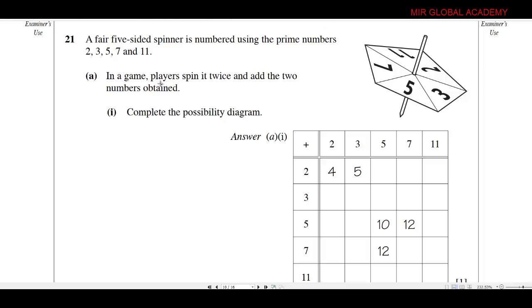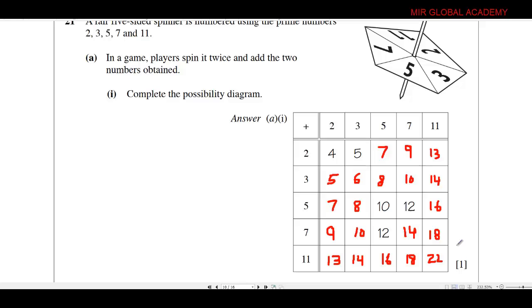As players spin it twice, in the first spin we can have 2, 3, 5, 7 or 11. In the same way, in the second spin we can have these numbers, 2, 3, 5, 7 and 11. And the player adds these 2 numbers obtained in 2 spins. So I have completed the table.